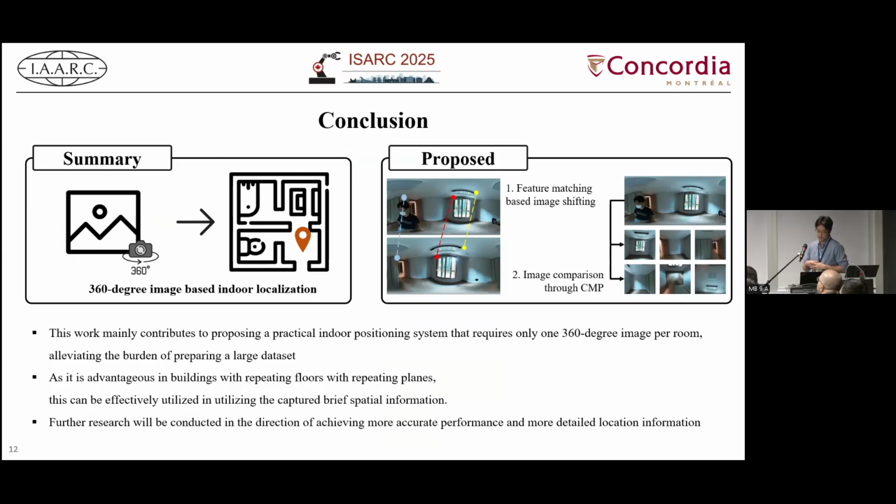To make it, we align the given photos so as not to be affected by camera parameters. And we also made a method of comparison of 360-degree photos by a CMP-based approach.